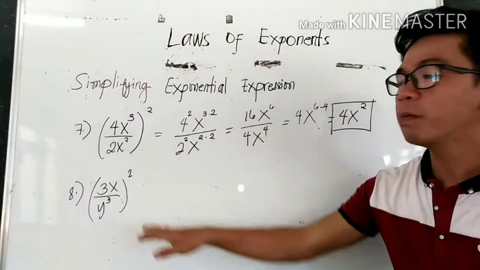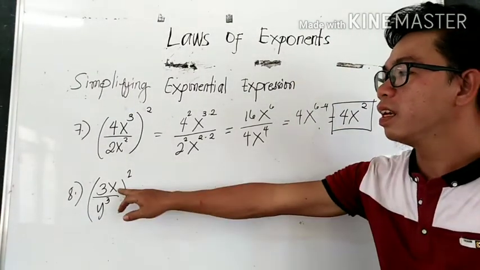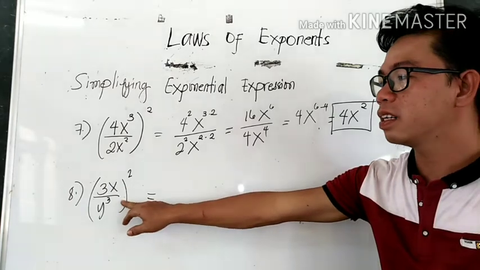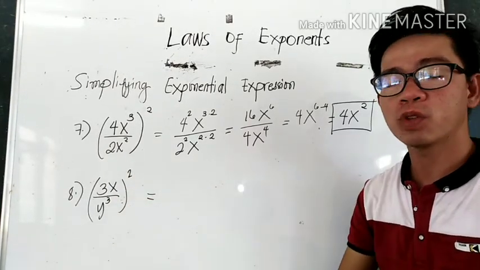Okay, we have example number 8. 3x divided by y cubed, raised to the power of 2.